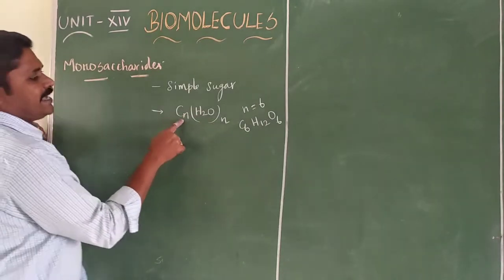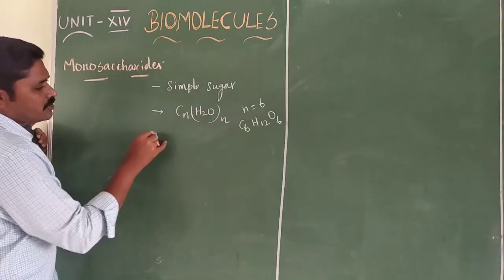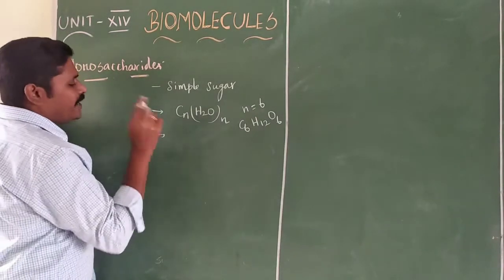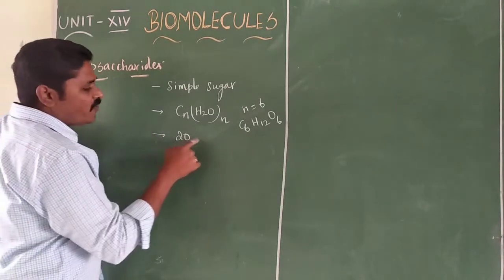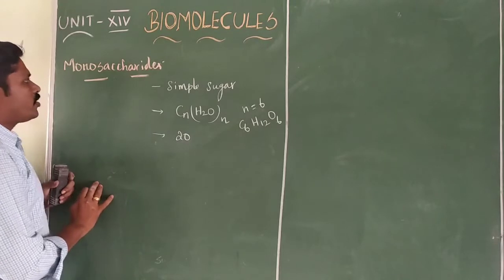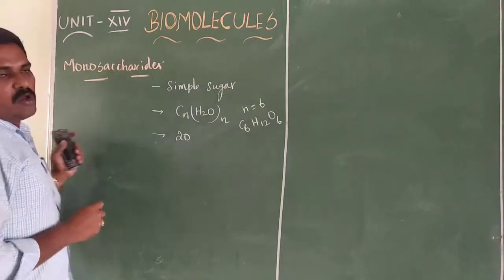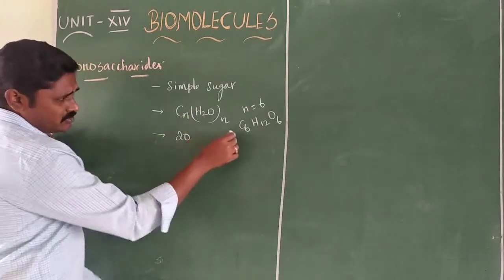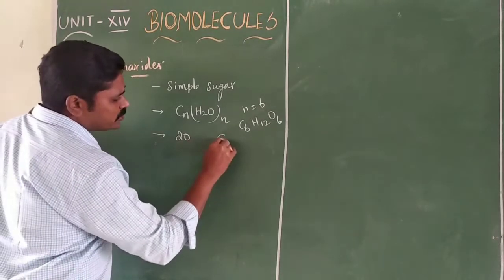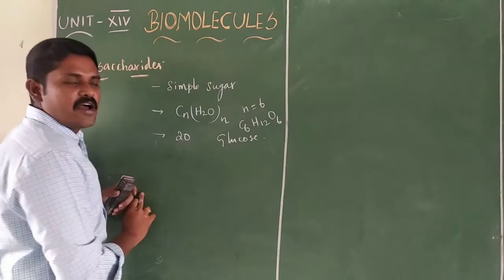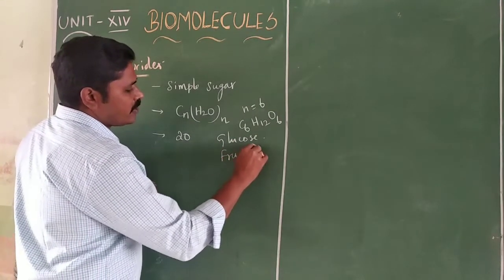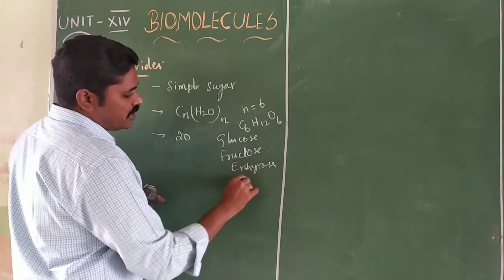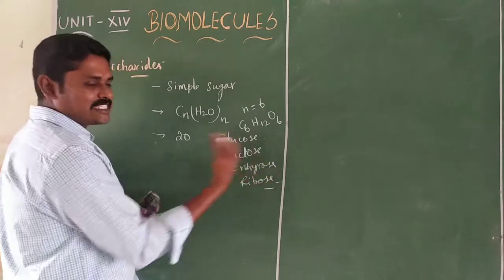This is the general formula, CnH2nOn. Many monosaccharides are available, but only about 20 of them occur in nature. So the examples of monosaccharides are glucose, fructose, erythrose, ribose and so on.